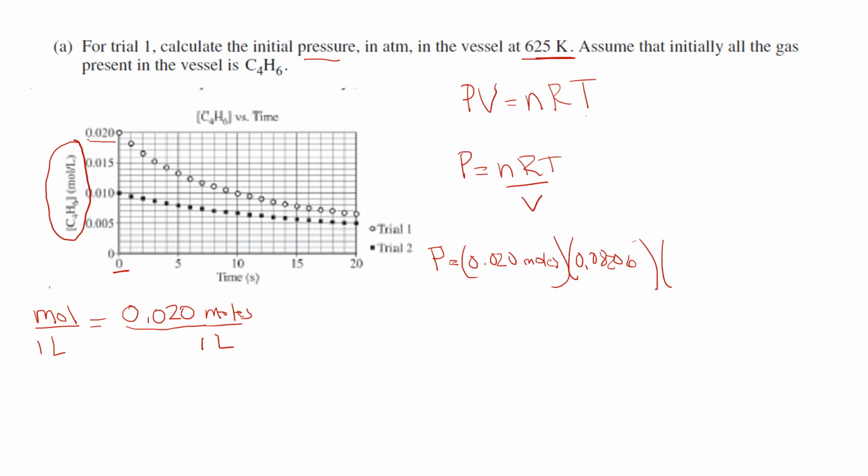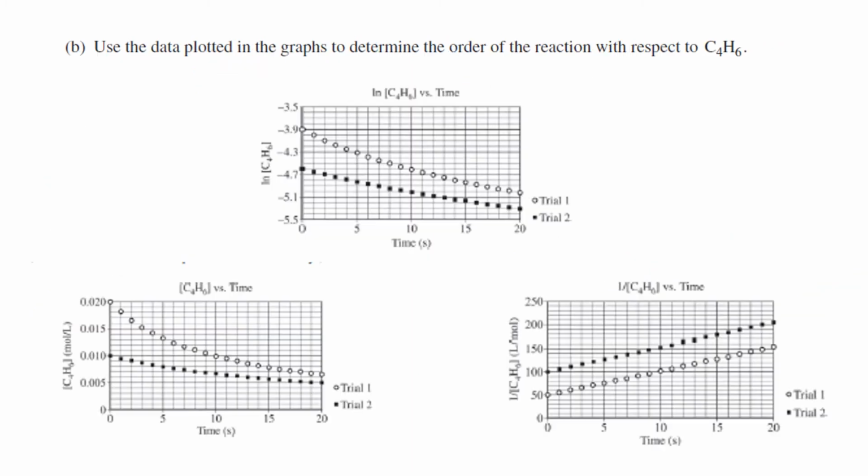My temperature, remember it's always got to be in Kelvin because your R value is in Kelvin, and it's 1 liter. When you solve for that, you should get 1.0 atm. Okay. So that's for problem A.